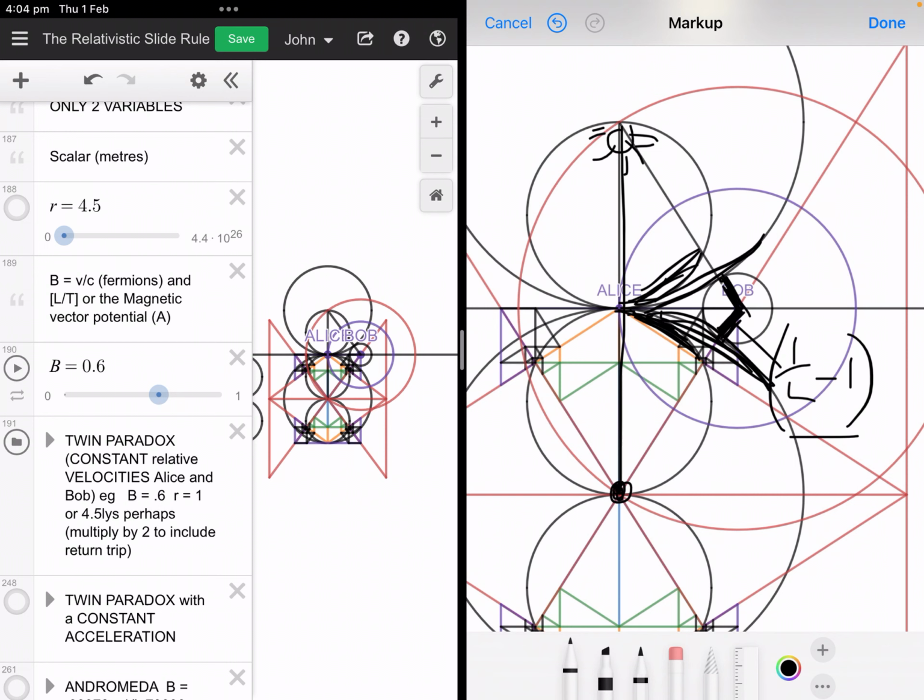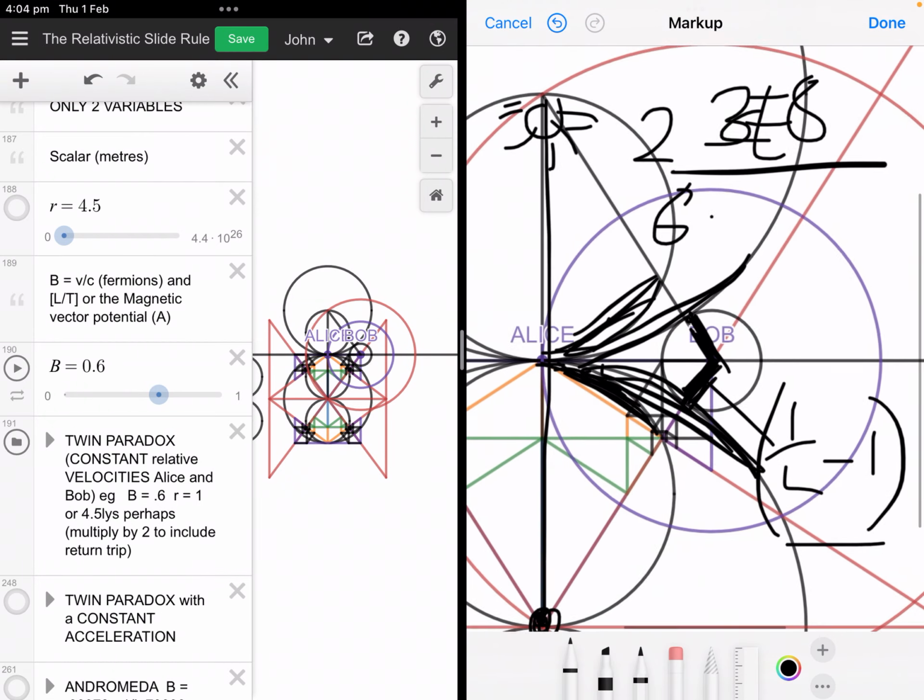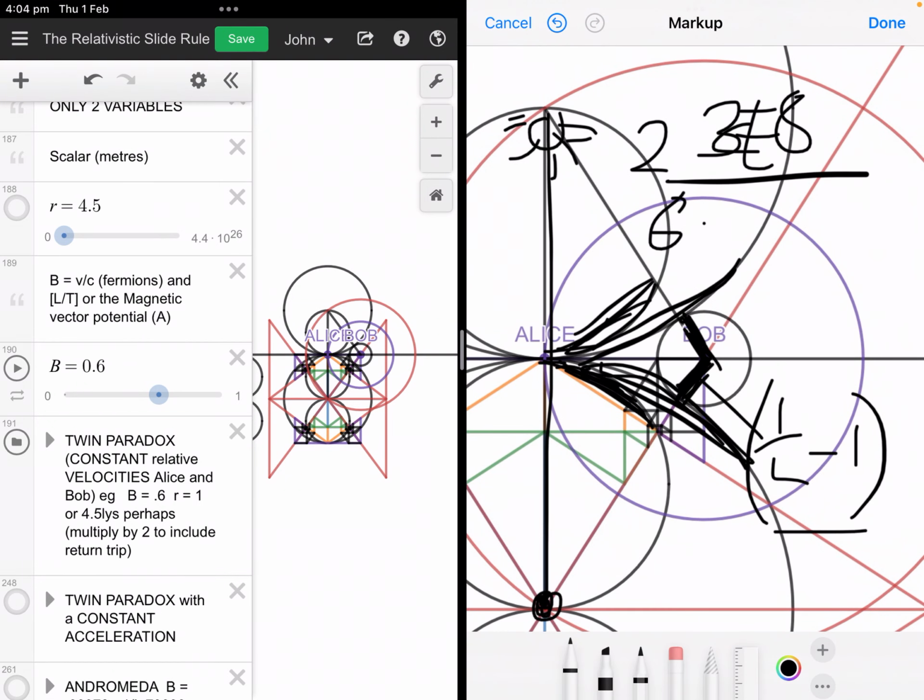And I've also got to make the point that there are all these constants out the front. If you remember, I had the speed of light, which is 300 million meters, and then I had his constant acceleration, which was 9.8 meters per second.